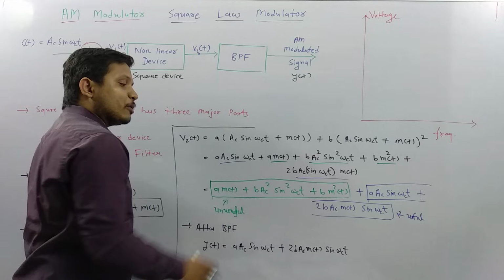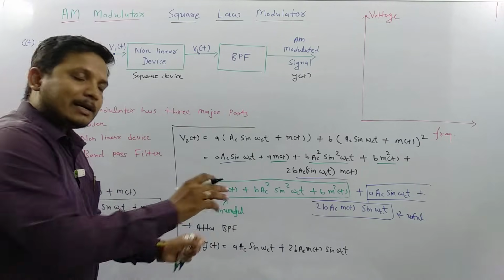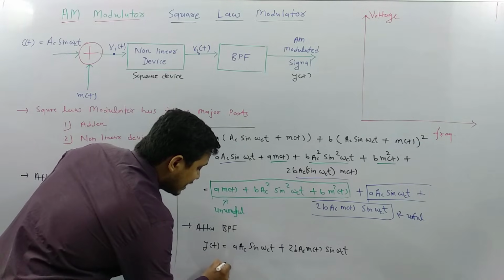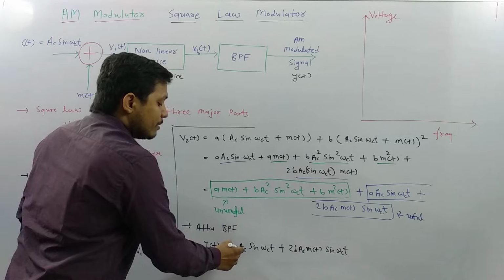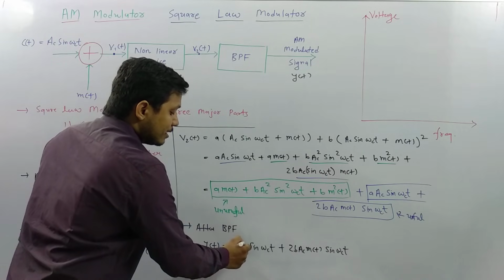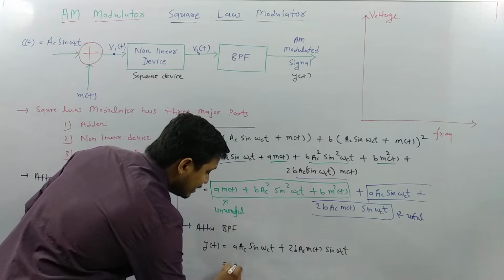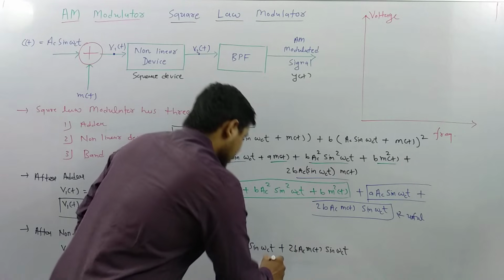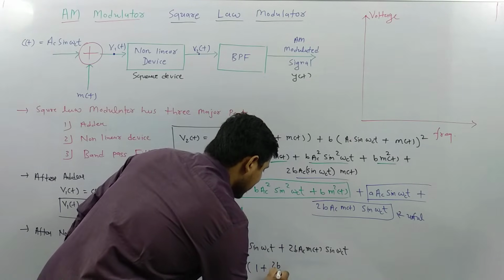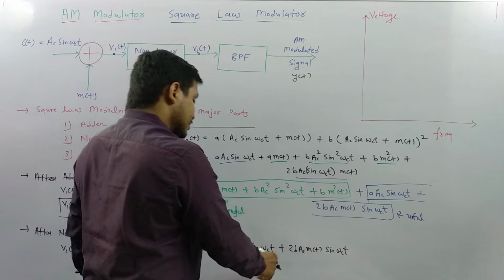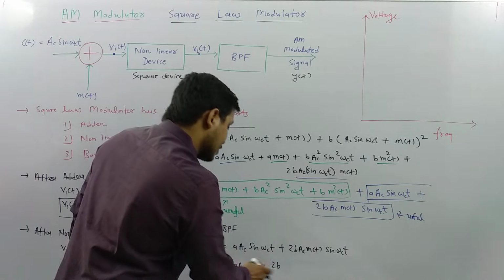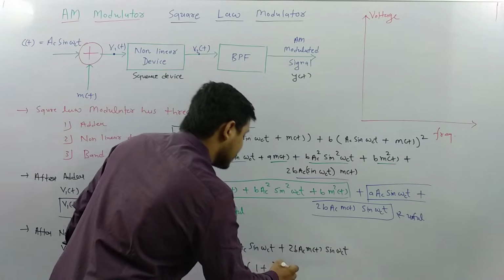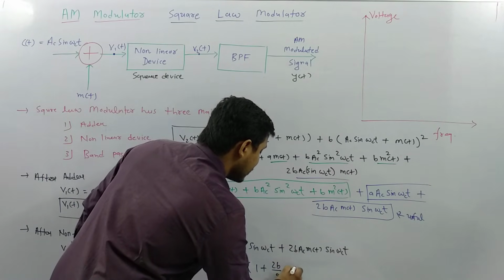You will get it in the form we have in AM. If I rearrange this by taking small a into Ac sine omega ct common, then it will be small a into 1 plus 2b by a into mt, and that into sine omega ct.